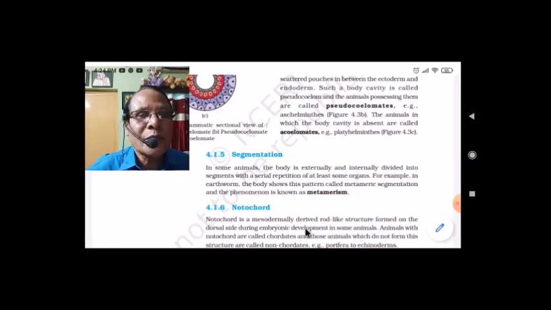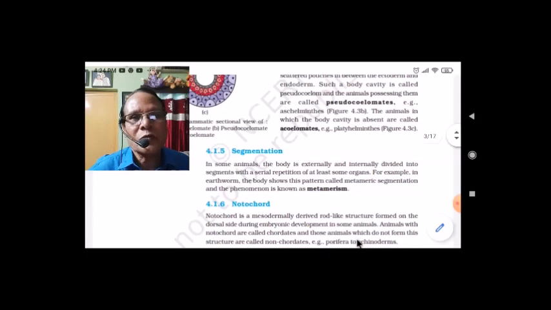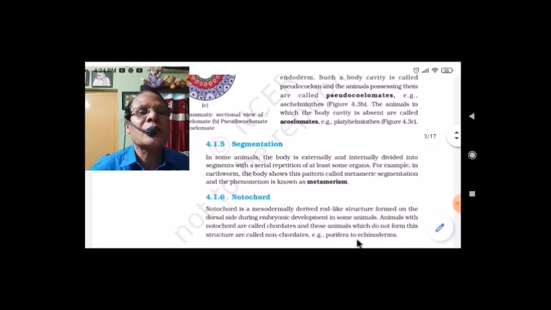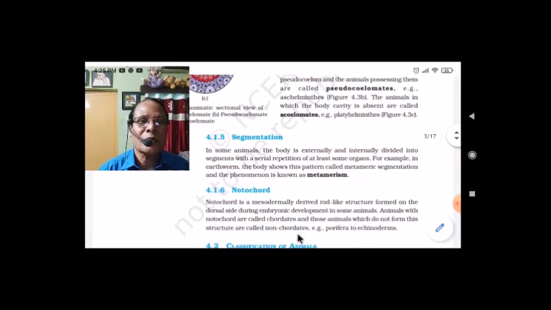Animals with the notochord are called chordates, and other animals which do not possess the notochord are called non-chordates, for example hemichordates like Balanoglossus. Notochord is absent in non-chordates and present in chordates.